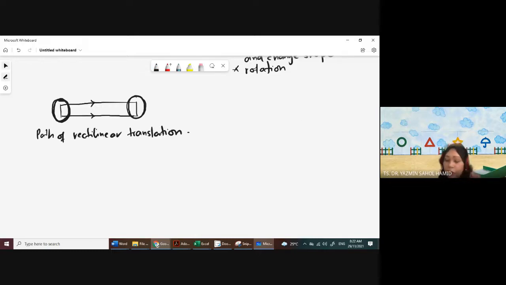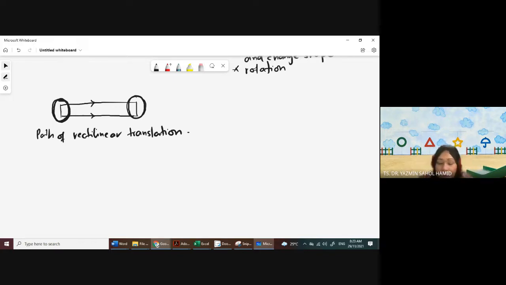This type of motion occurs when a line in the body remains parallel to its original orientation throughout the motion. It is parallel, it stays the same. It is rectilinear and it moves in translation from one position to another position.